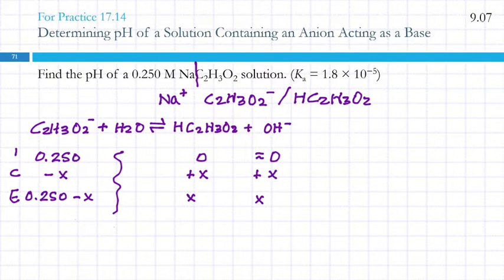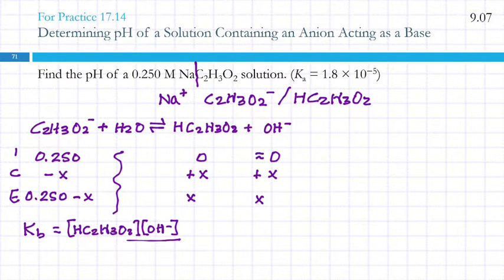The next thing is write the equilibrium expression, right? This is a base, so it's Kb, and it's equal to the products divided by the reactants. So we have the equilibrium concentrations for those guys in terms of x.